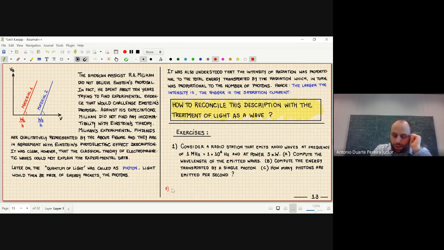So we have learned that the speed of the wave is equal to the wavelength times the frequency, right? But this is a radio wave, so it propagates with the speed of light. So v is nothing but c.